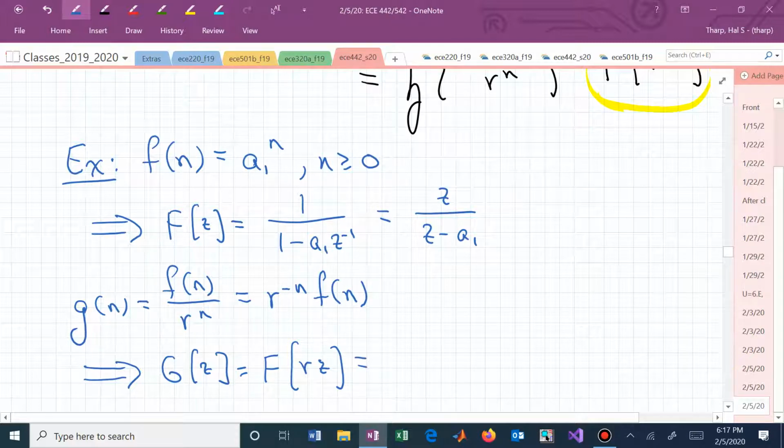Everywhere we had a Z, we would replace it with RZ. Or we now have RZ over RZ minus A1.